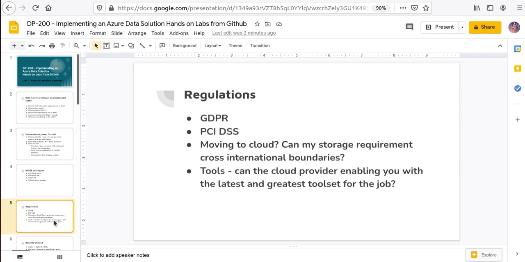And finally, when you're moving so much data to the cloud, what does the cloud provider that you're choosing offer? Do they have the latest and greatest toolset to analyze the data, understand the data, perform analysis efficiently, and come up with solutions? Okay, so that's also important.